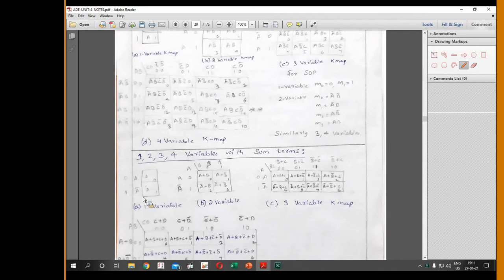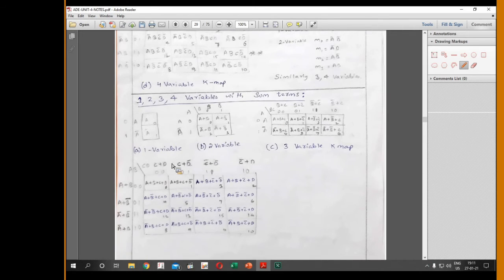In the same manner, this is your one variable K-map, where it has two sets, and the two variable K-map for the maxterms, and the three variable K-map, and here the four variable K-map.